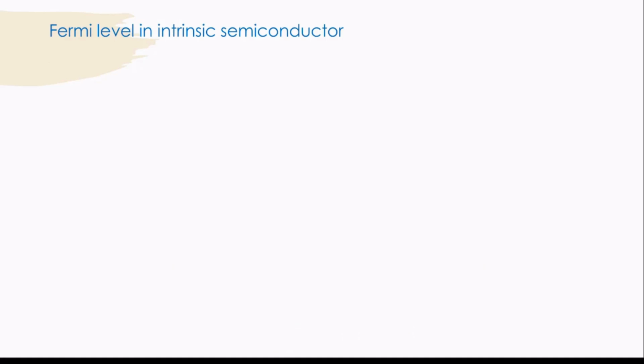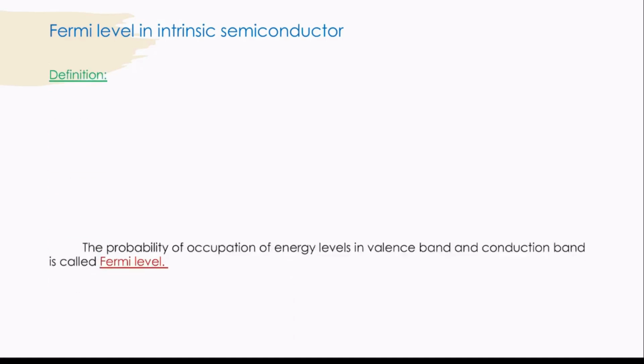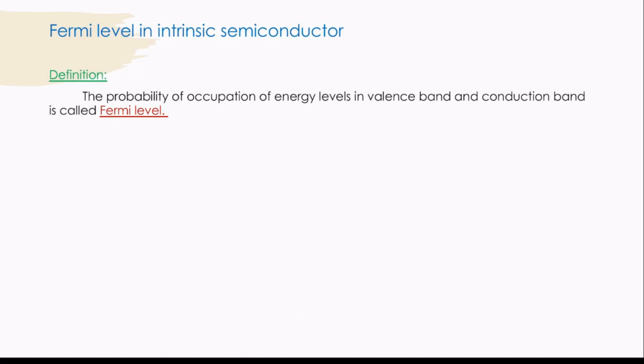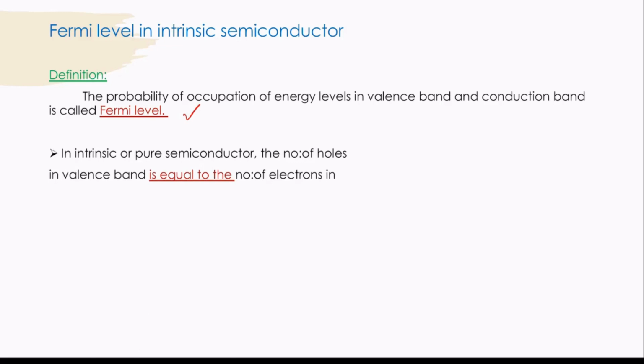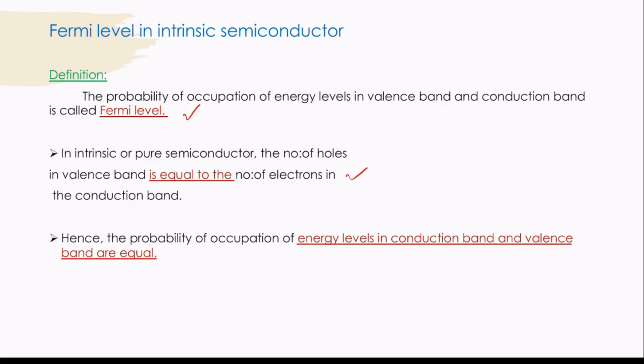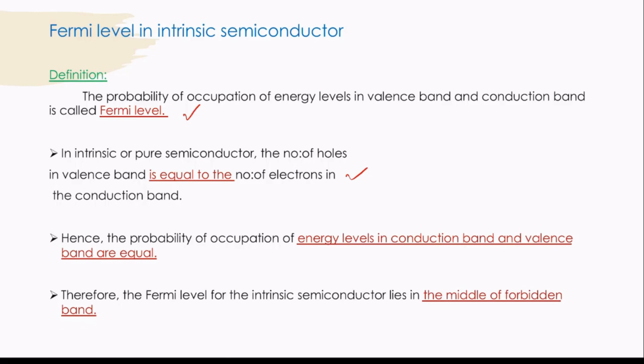Next is Fermi level in intrinsic semiconductor. How can we define a Fermi level? The probability of occupation of energy levels in the valence band and the conduction band is called the Fermi level. And in an intrinsic or pure form of semiconductor, the number of holes in the valence band is equal to the number of electrons in the conduction band. Due to this, the probability of occupation of energy levels in the conduction band and the valence band are equal.